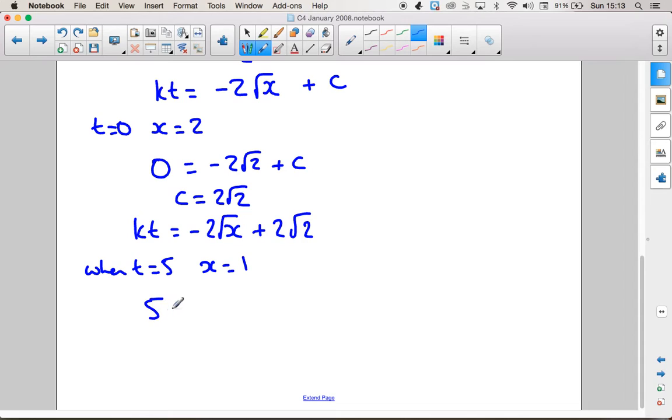So we've got 5k equals minus 2 times root 1, which is just 1, plus 2 root 2. So k is minus 2 plus 2 root 2 all over 5.